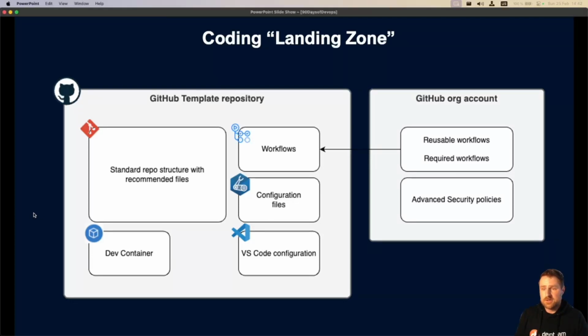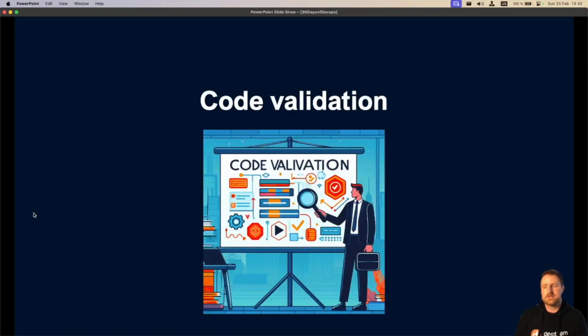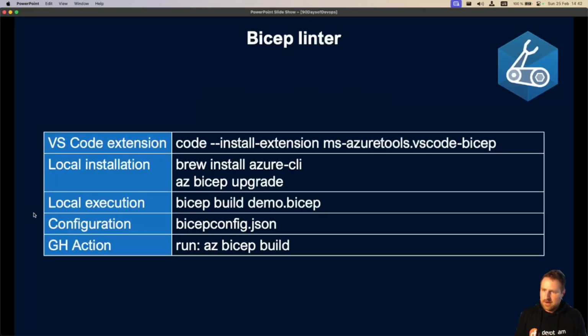So let's dive into the first section, which is code validation. And as I said, Bicep Linter is a built-in tool for the Bicep CLI itself. It's very easy to install because you just install Bicep and it comes with it.